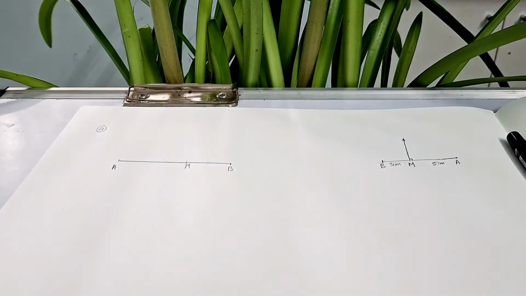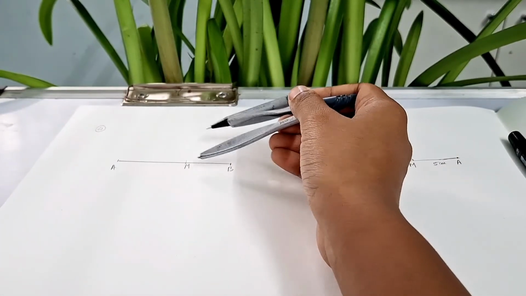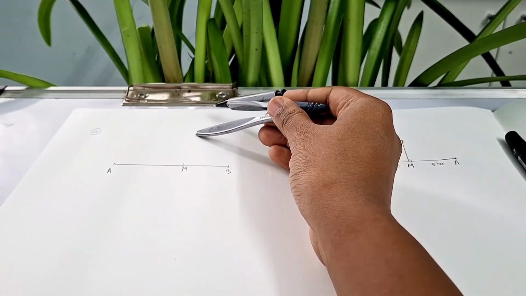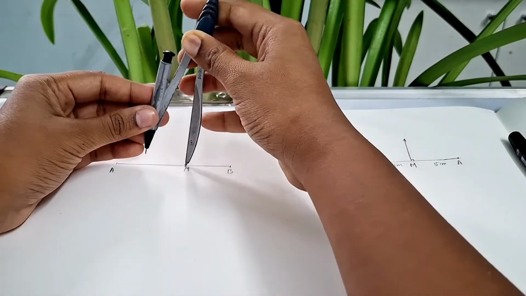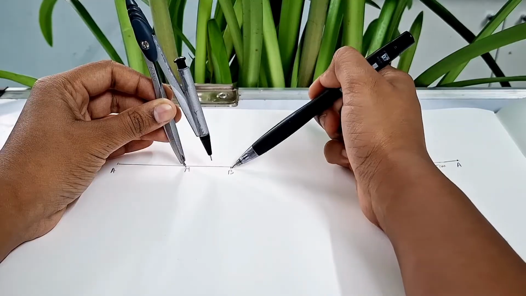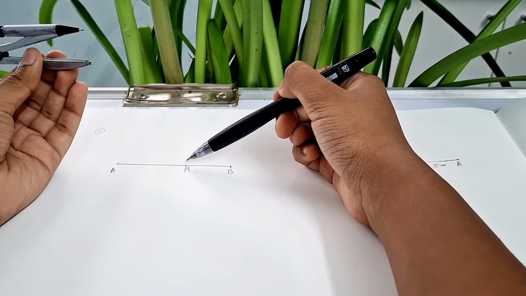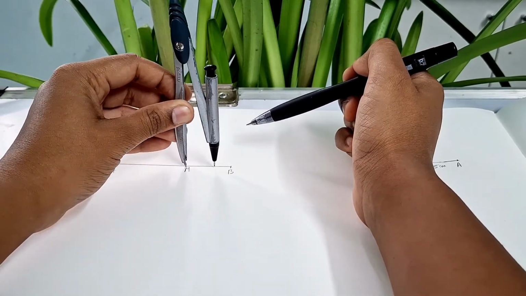Now to construct a perpendicular line, we need to mark 2 points around M such that we can use these 2 points to make arcs. Let's construct for better understanding. Segment BM is shorter than AM as we can see. So I will take the compass radius according to the segment BM.